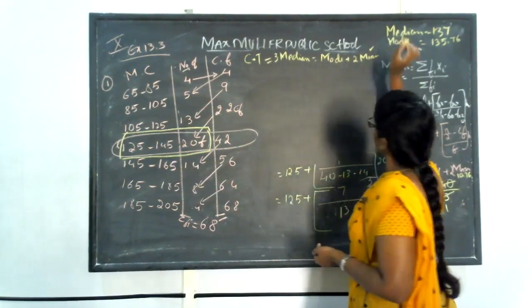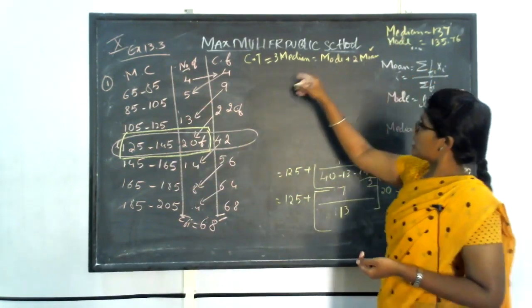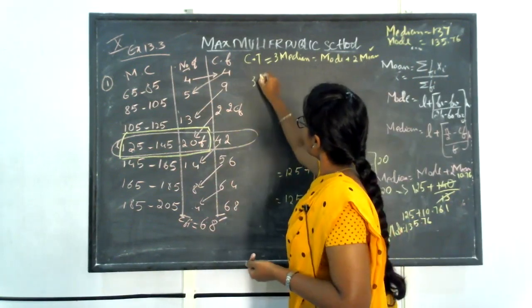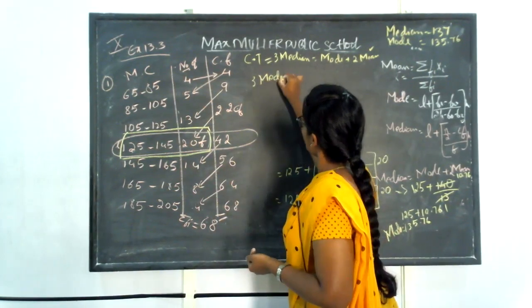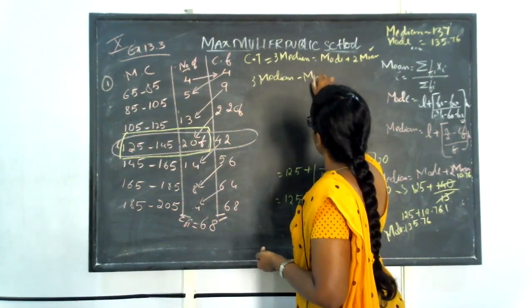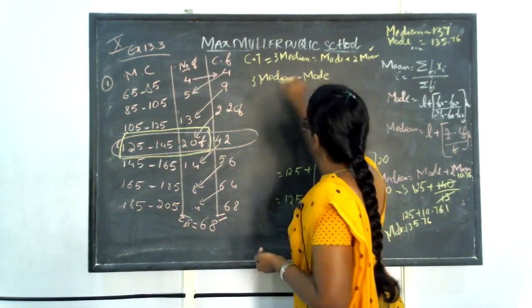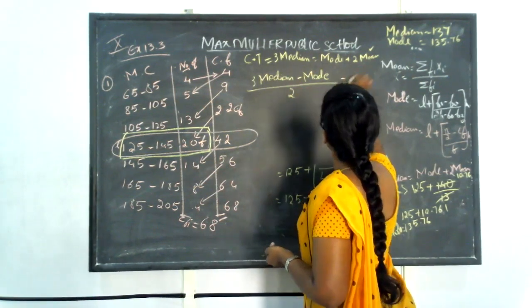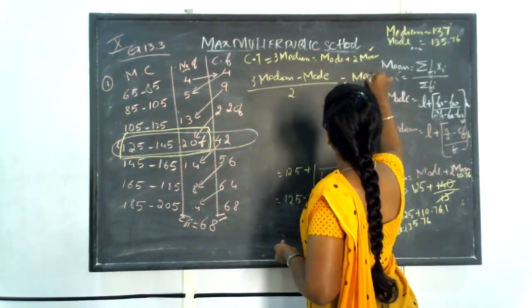Correct? What you should find out? You should find out mean. So you should send that side median, 3 median as it is, minus mode. Mode you should bring this side, it becomes minus mode. And 2 is extra. Divide by 2. You will get the formula for mean.